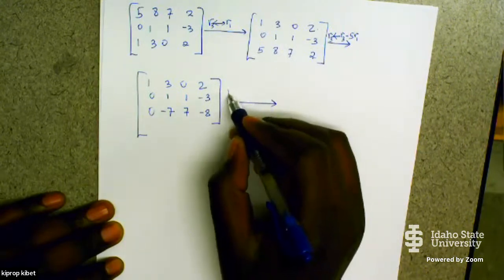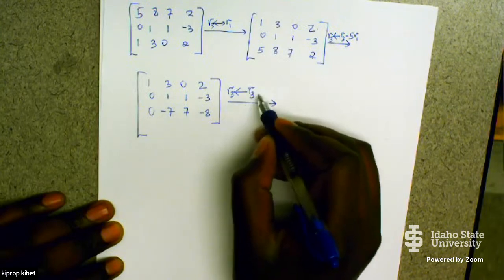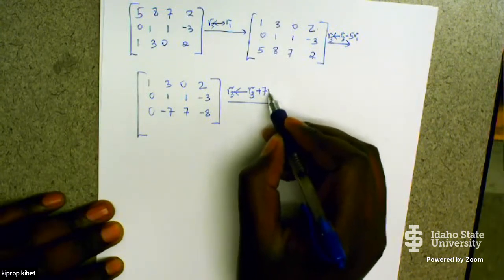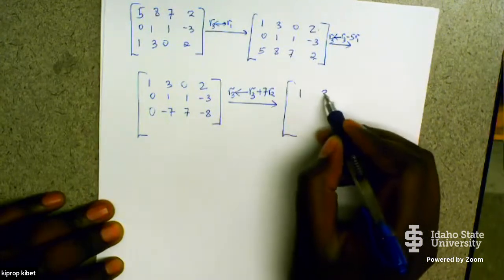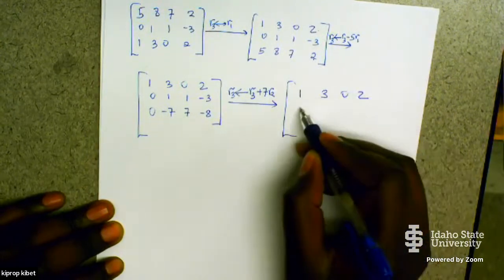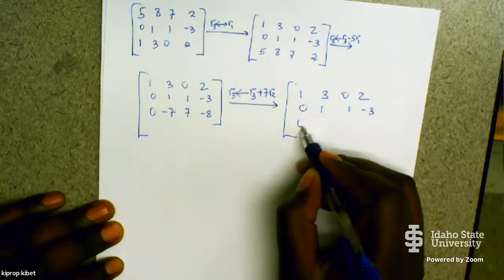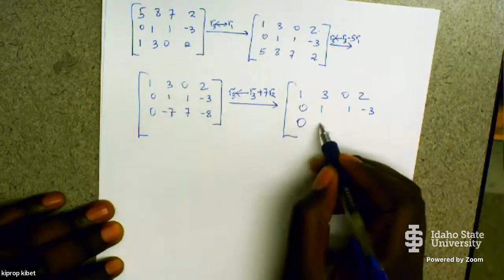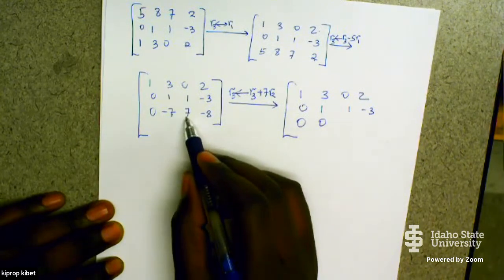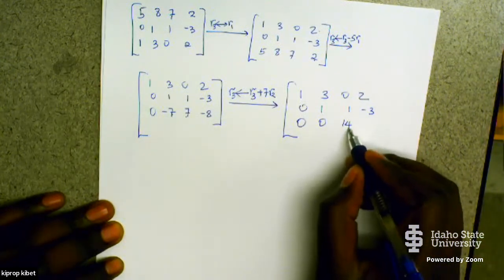Then the next one is our new R3 will be R3 plus 7 R2, which we get 1, 3, 0, 2, 0, 1, 1, -3, and then 0. Minus 7 plus 7 is 0. 7 plus 7 there is 14.